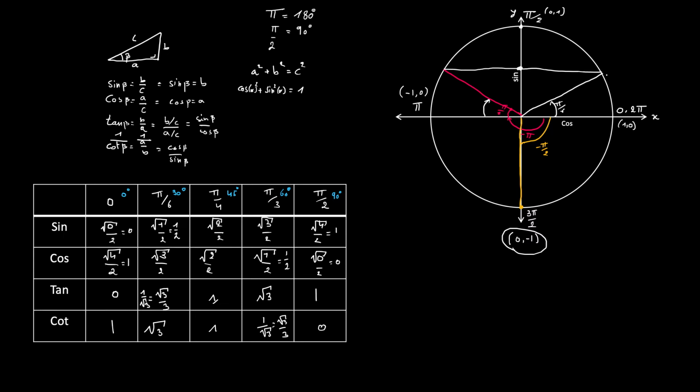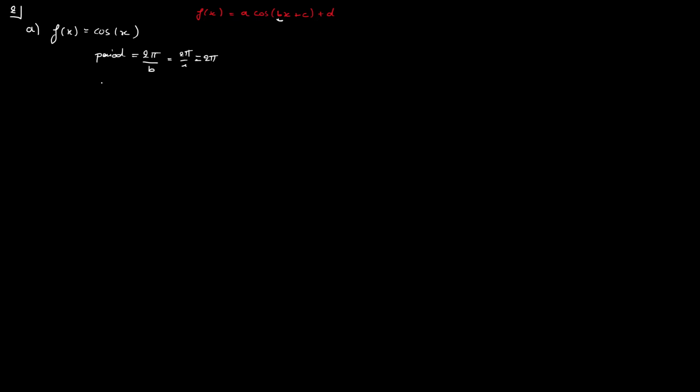For our standard sine or cosine, the radius of our function is always going to be 1, meaning that we can never reach a value that's higher than 1 or more negative than -1. In this case, it means our amplitude is going to be 1.